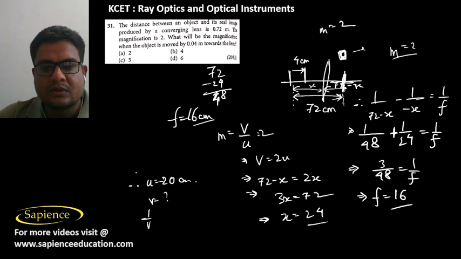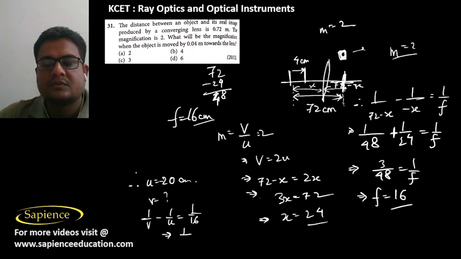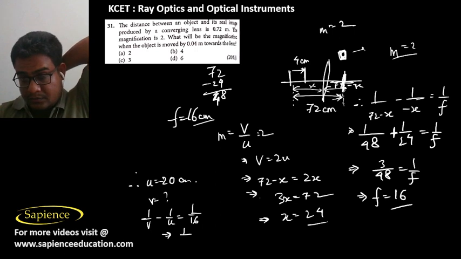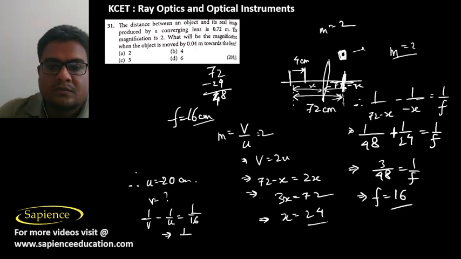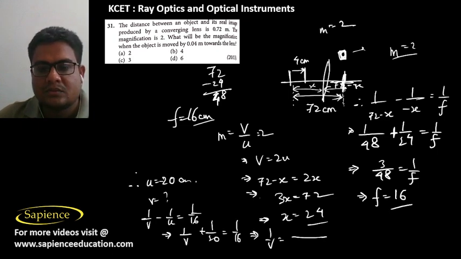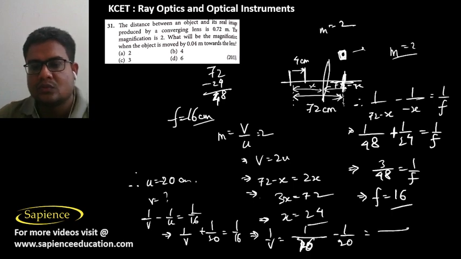So 1 by v minus 1 by u, that is equal to 1 by f, that is 16. So 1 by v plus 1 by 20, that is equal to 1 by 16. So 1 by v will be equal to 1 by 16 minus 1 by 20, that is 2.